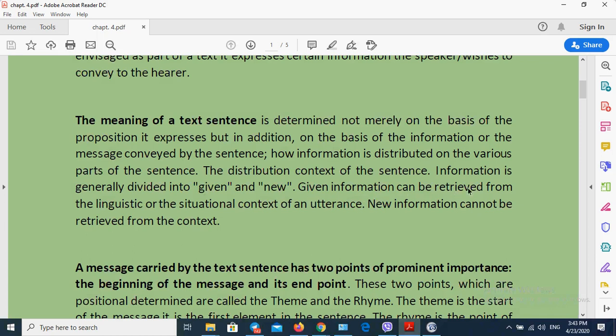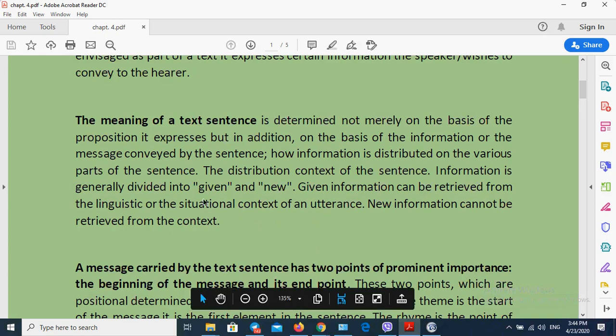Given information can be retrieved from the linguistic or situational context of an utterance. New information cannot be retrieved from the context. That means it cannot be restored from the context, because you are conveying something else.